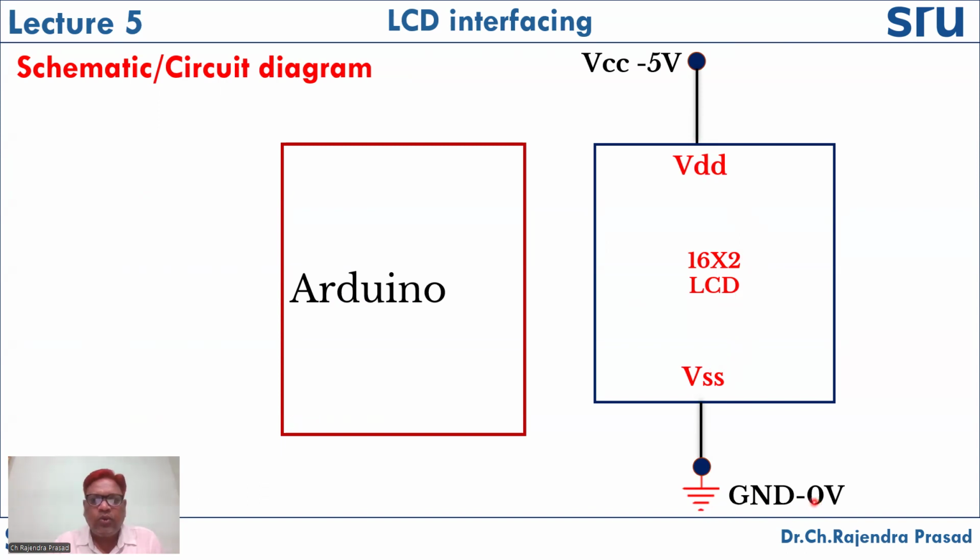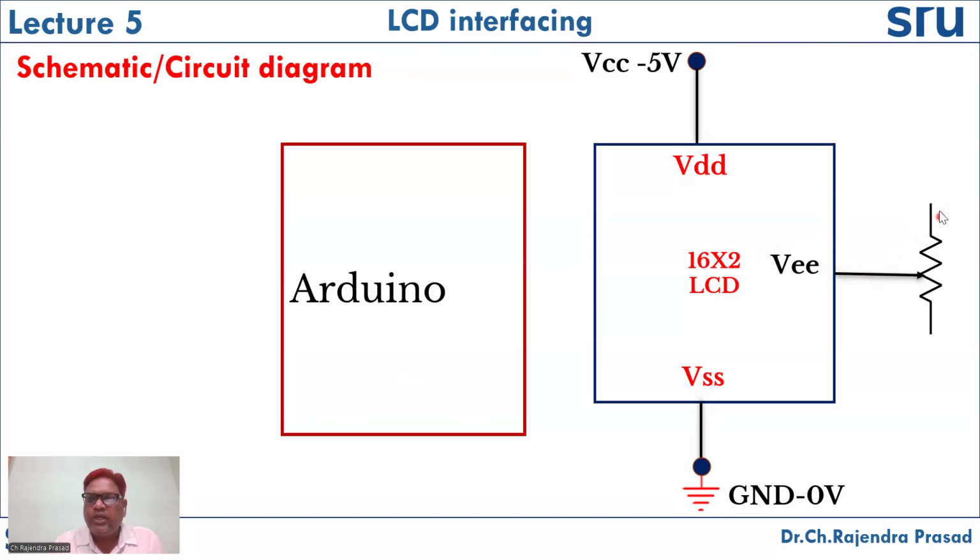Then I need to connect the V0 pin. V0 is the contrast adjustment pin, and on it I need to provide a variable voltage. To provide the variable voltage, normally we use a potentiometer. The potentiometer has three terminals, and the middle terminal, where the slider is connected, is the output of the potentiometer and is connected to the VE or V0 pin.